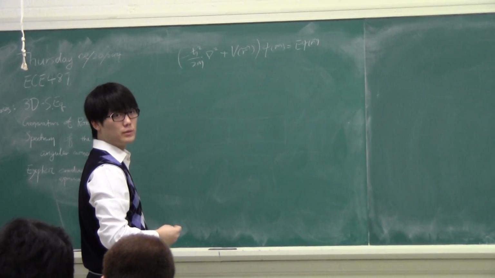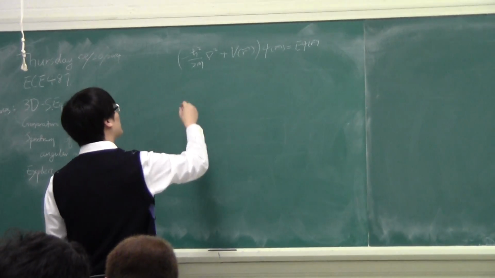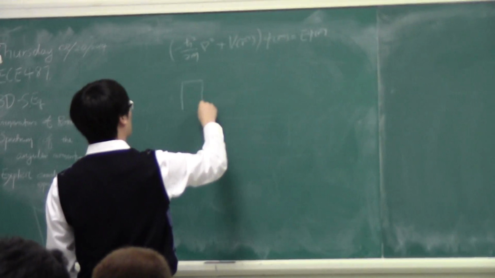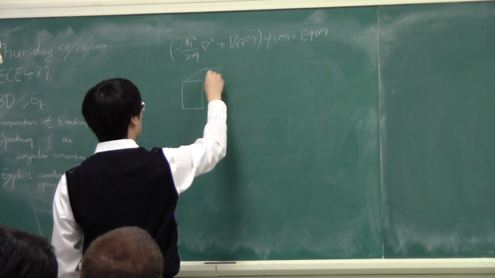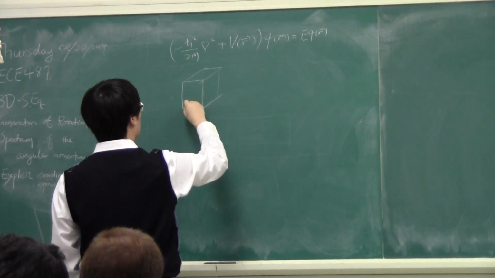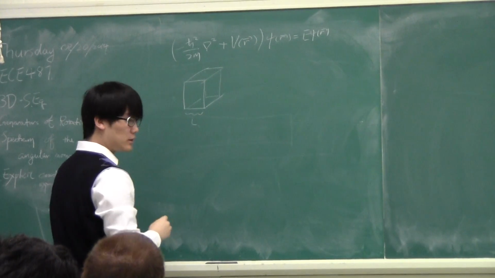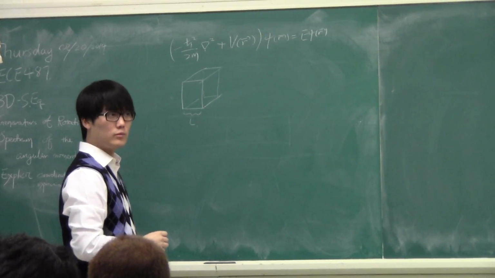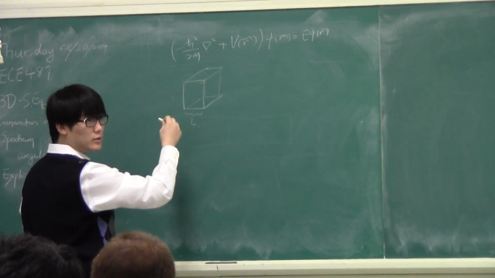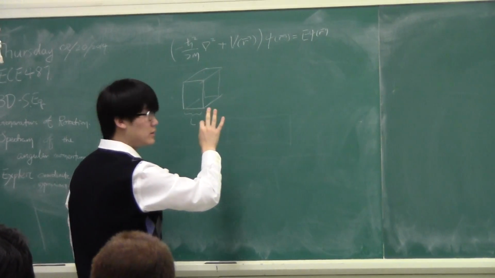Let me give you an example, the easiest one, which is a particle in a three-dimensional cube. So we have some cube, and length is L. For this problem, we consider that outside of the cube, the potential is infinite, inside is 0.